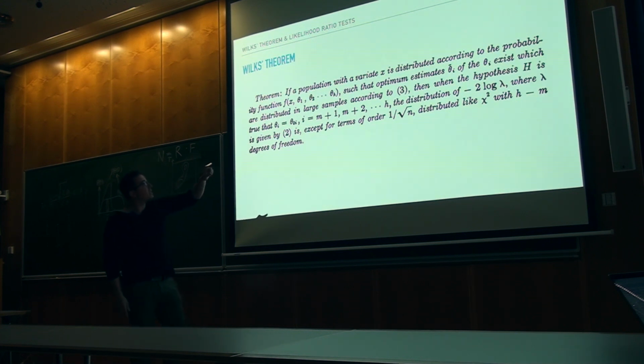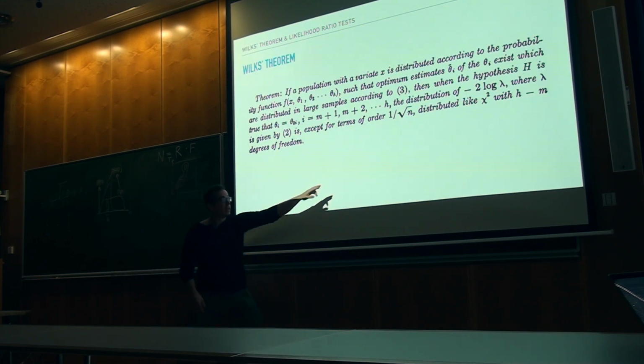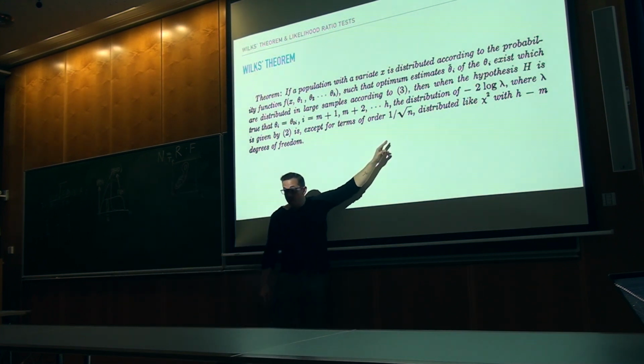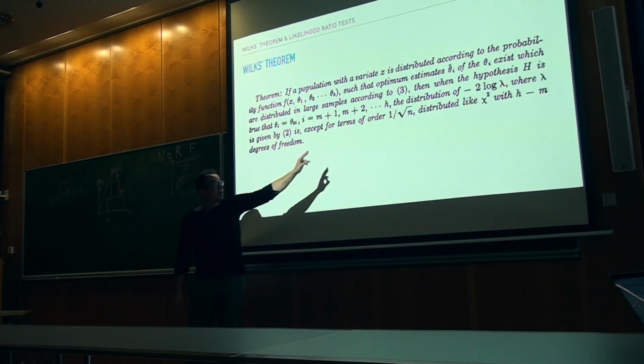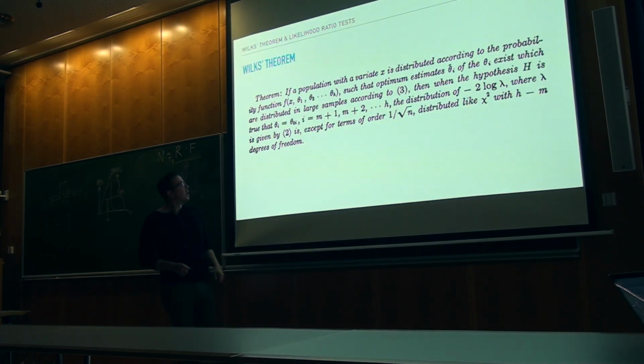And when the hypothesis H is true, that theta sub i equals the special case for all the parameters, this distribution is given by a chi² up to order 1 over n squared. Again, this is an asymptotic thing. We never really know when we hit this asymptotic value, but it's fine. With h minus m degrees of freedom. So this means that I can go and read how significant the more complex model is, or the penalty for adding an extra component.